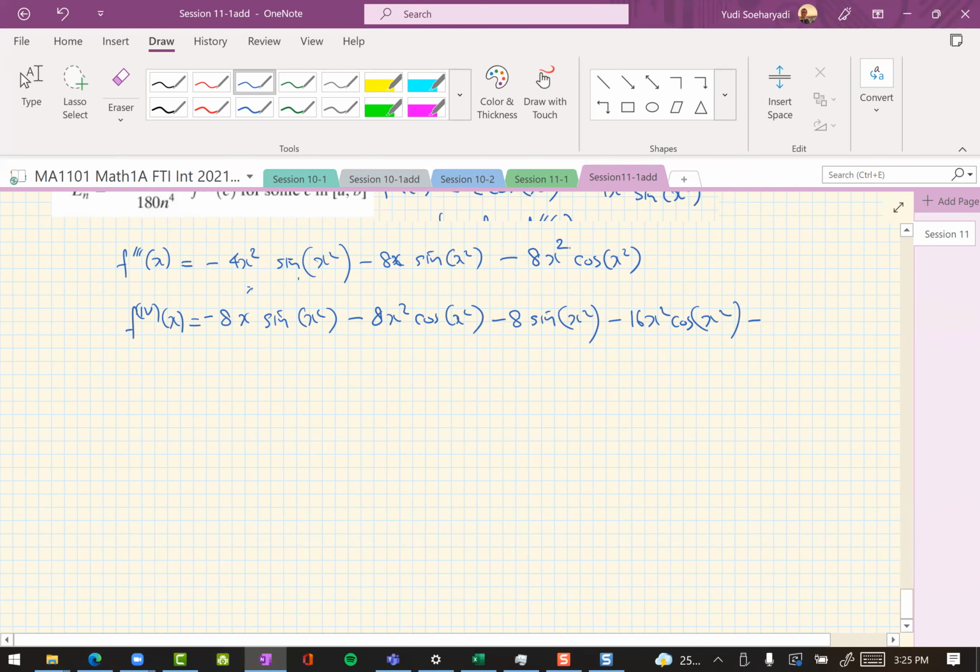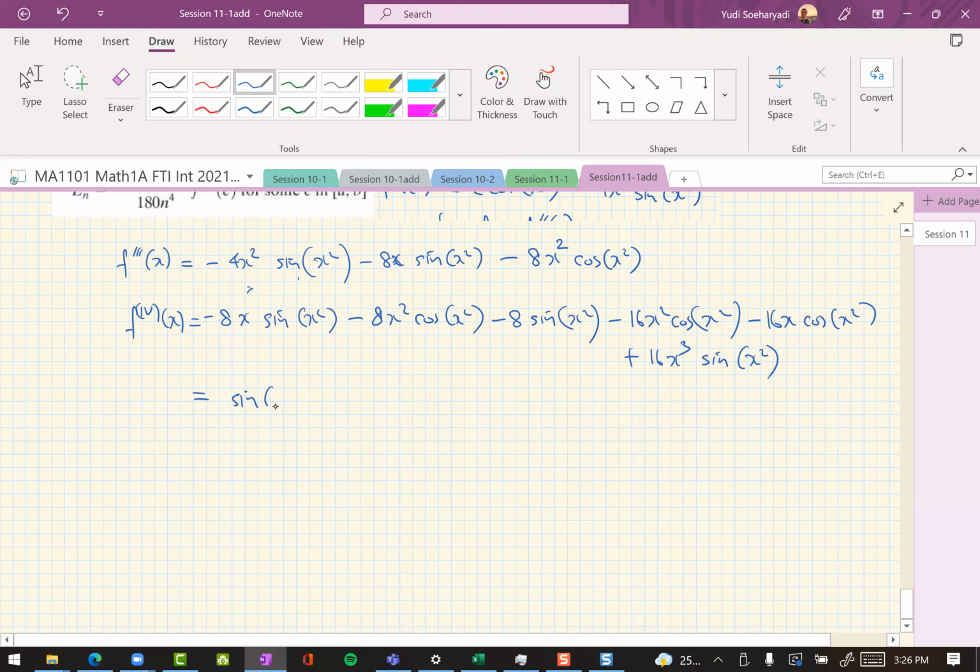Now this one, 16x sine x squared. And last is cosine, negative cosine becomes plus, then x cubed sine x squared. All right, so let's simplify this one because this is what we need.